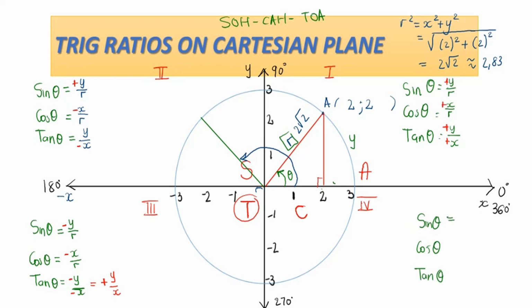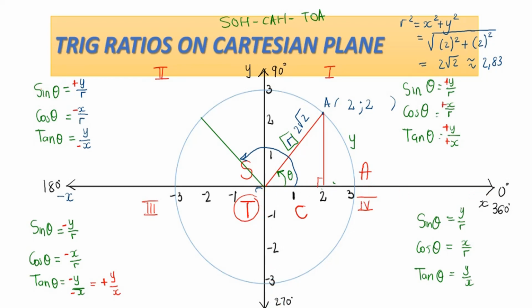Sine of theta is y over r, cos of theta is x over r, and tan of theta is equal to y over x, right? Let's have a look at the values of y as well as x on this quadrant. On this quadrant, the x is positive, however, the y is negative.